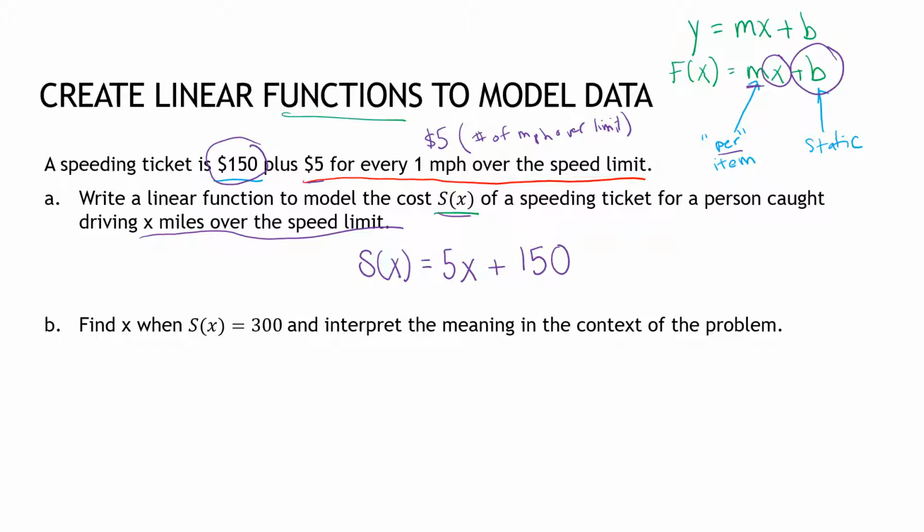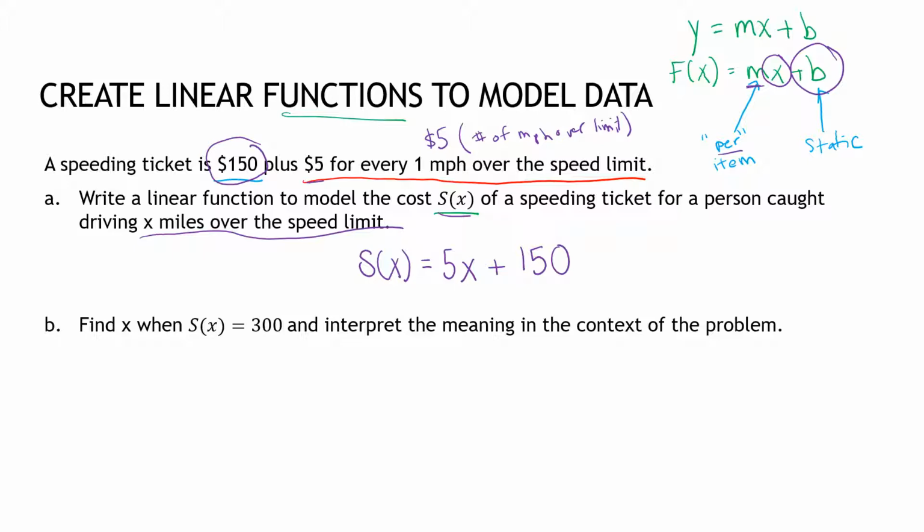So now that we have our function created, we can use it to solve questions like find x when s of x equals 300 and interpret the meaning. So let's start with just solving. There's two ways to solve a linear function.